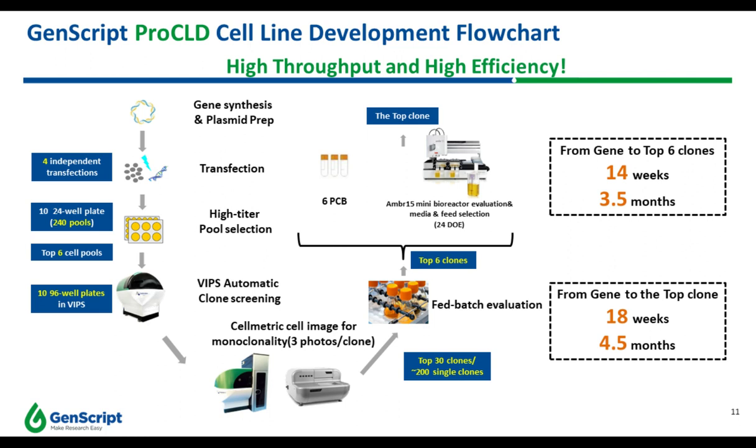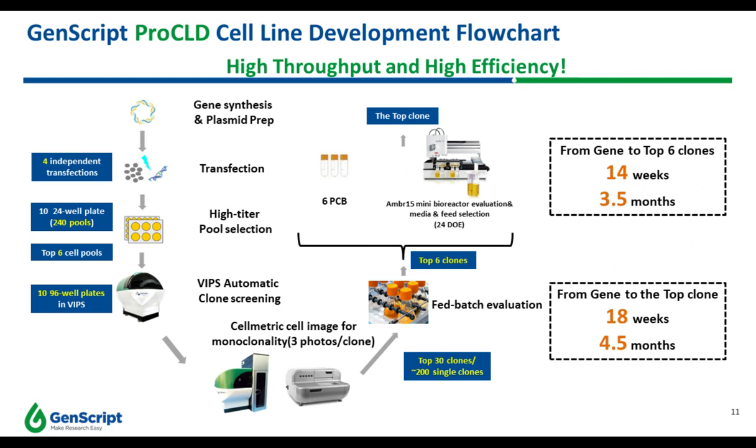They do automatic clone screening, and the cell imaging can ensure their monoclonality, taking 3 photos per clone. Then from there you pick the top 30 clones out of 200 single clones, and go into the fed batch evaluation, select top clones, and then go into the Ambr mini bioreactor to evaluate the titer and quality.